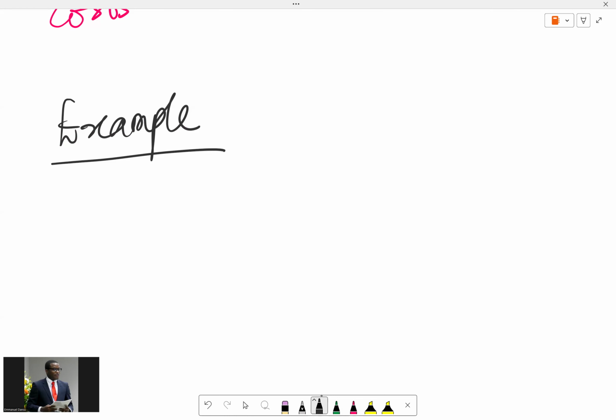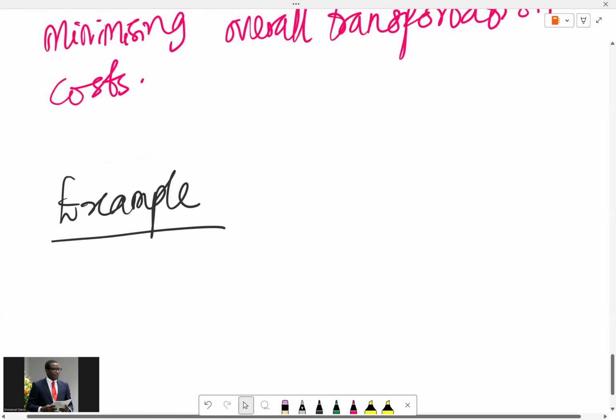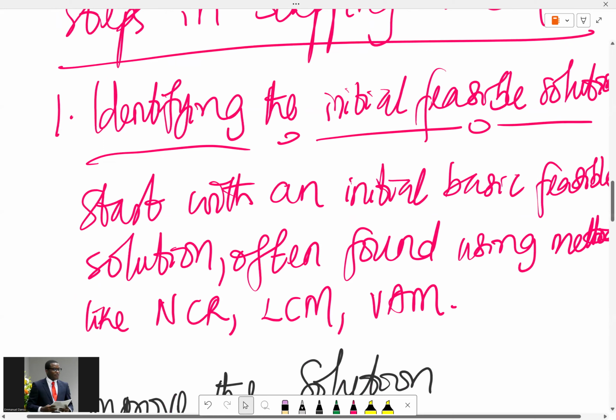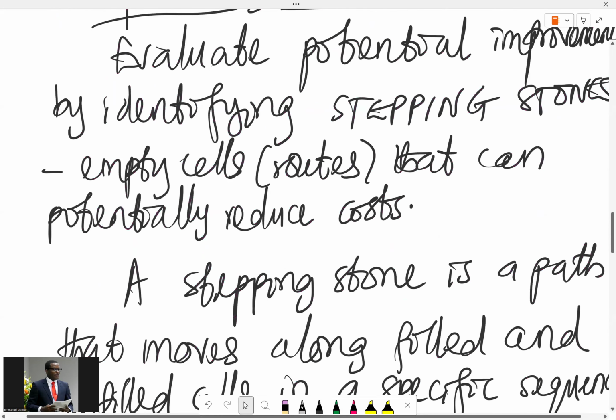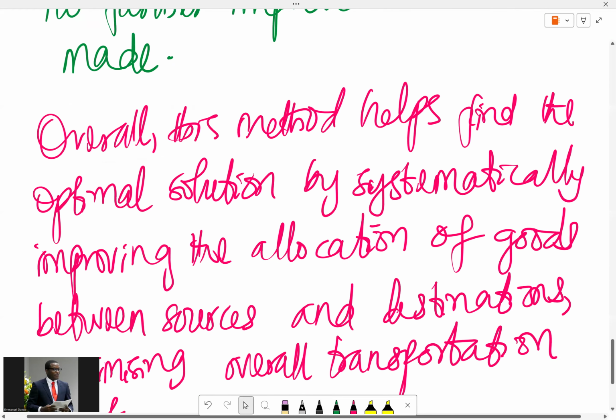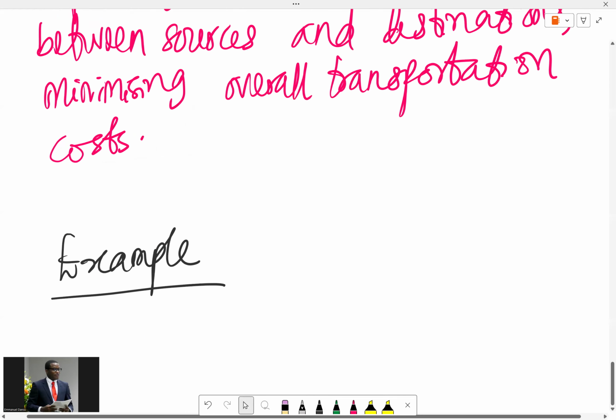Since we have already used the northwest corner rule and the least cost method to get the initial feasible solution, I'll just import that here. Interestingly, we got the same thing from the northwest corner rule and the least cost method, but Vogel's approximation method is a bit better. It's different from those first two methods.